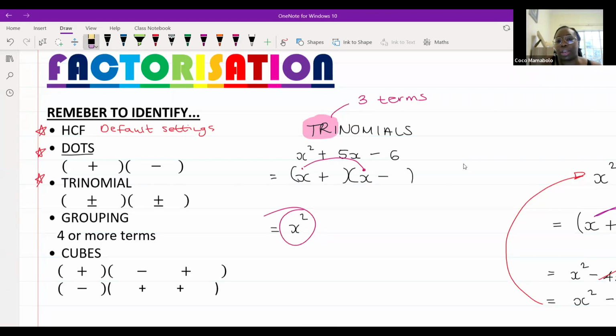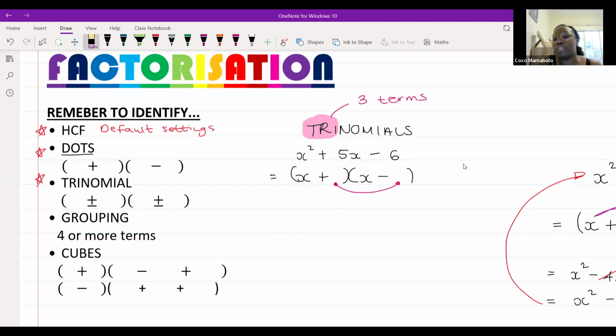That's why I put an x and an x there. Now, to get the last term, I need to think of factors of 6, because I need something times something to give me -6 at the end.